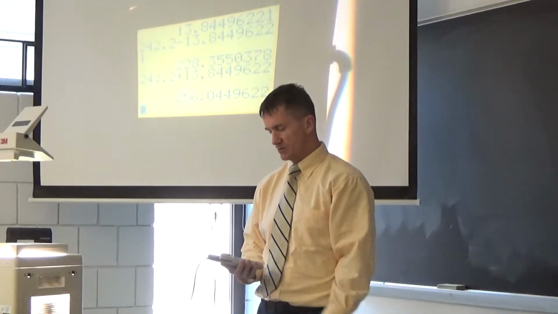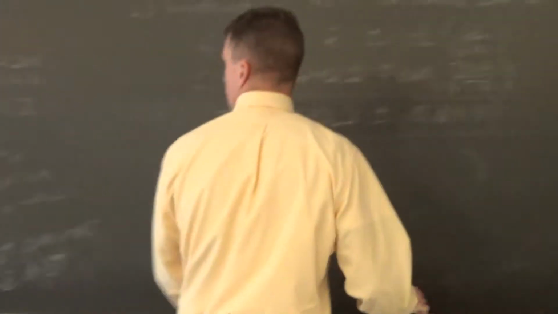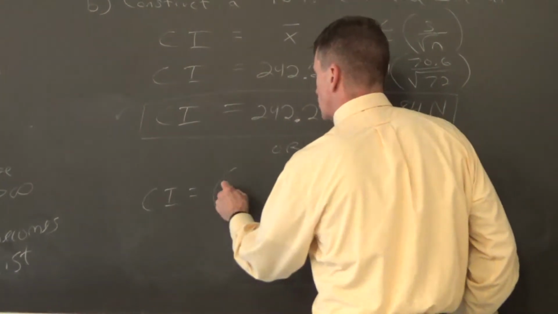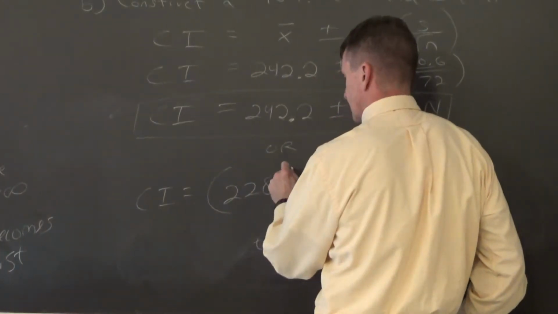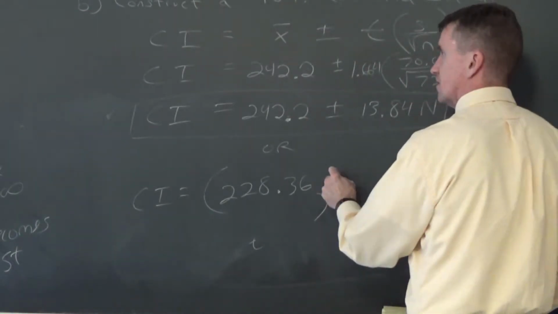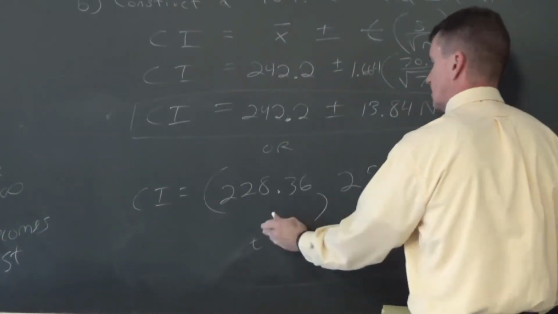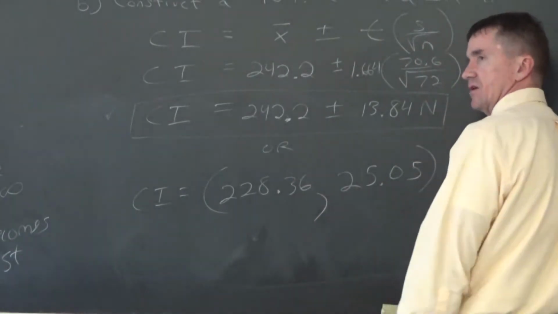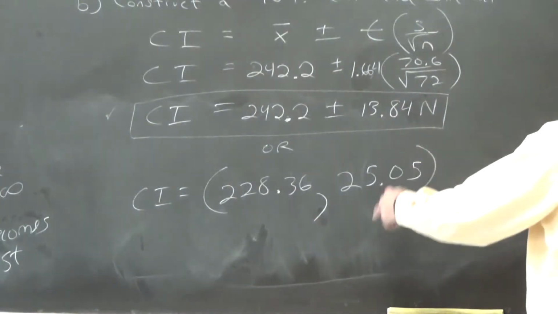What are my two numbers? 228 point what? 35, 228.35. All right, now round this, what is that? 36. 228.36. And what's the other number? 256.05. That'll work. And feel free to round that to 0.4, these are final answers, so you can round them. That's it. I encourage you to write it both ways.